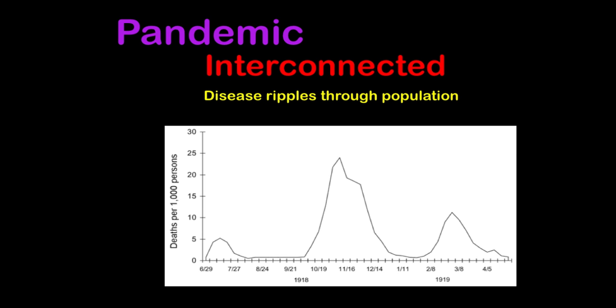So going back to the three qualities that we were talking about of these kinds of complex systems that ABMs are designed to help us model, we see this interconnected quality and how a disease will ripple through a population.